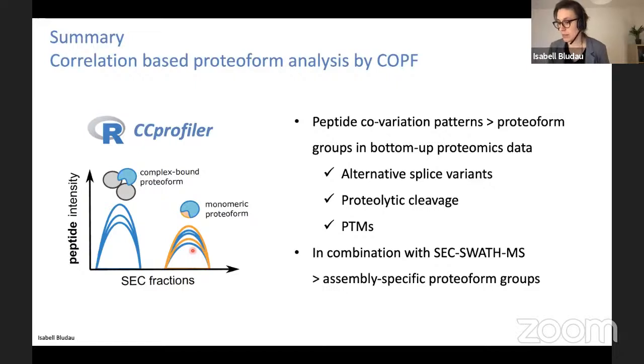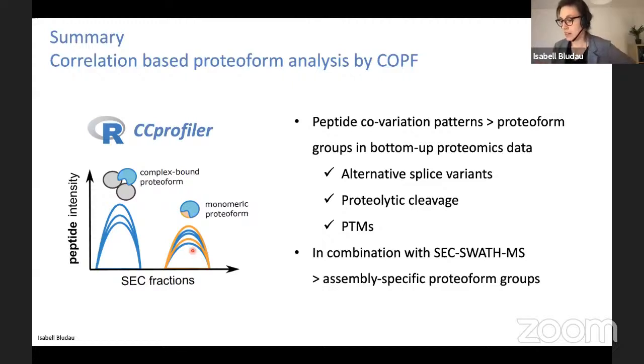Another question is, how do you process such a large number of samples, all fractions together, or replicates together? Yeah, this is a good question. I don't know what you mean with process. In terms of the wet lab protocol, we do one SEC experiment at a time, but each sample is handled separately. We now have a 96-well format where we can actually do this in parallel.